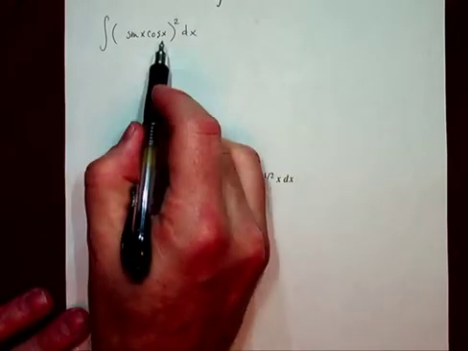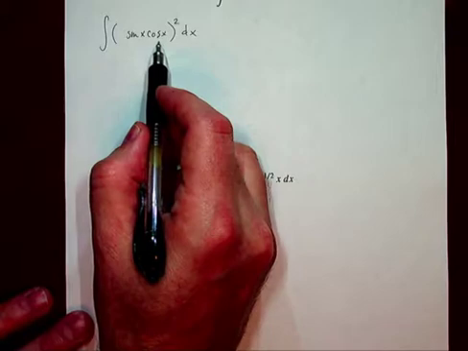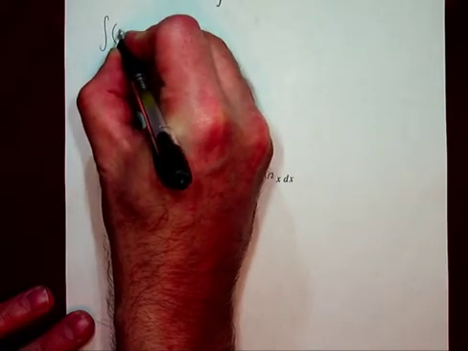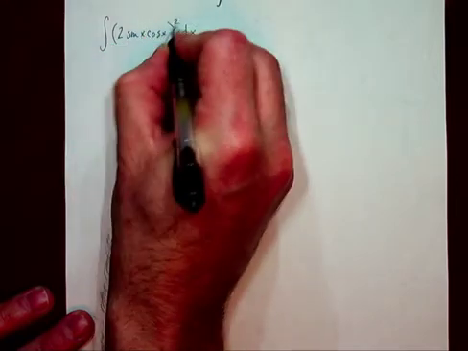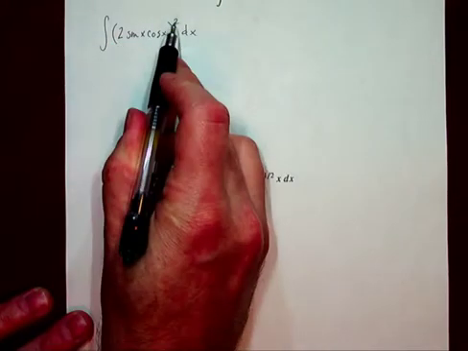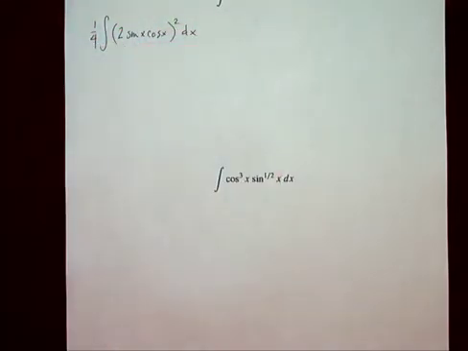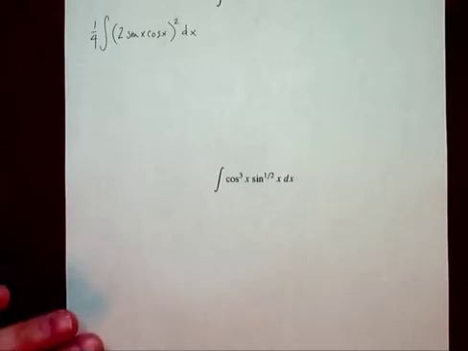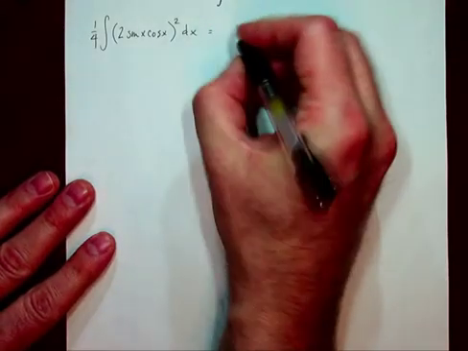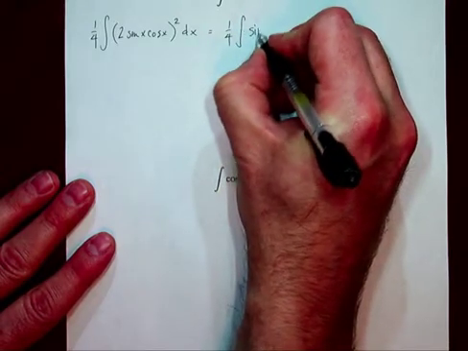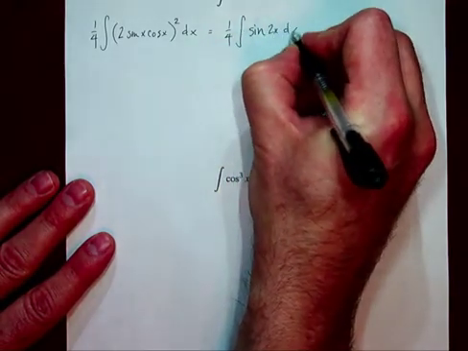Now this has the beginnings of a double angle identity, and therefore you can just go ahead and put in 2x. Now that is not a 2, that's actually a 4, so to compensate I'm going to put the 1/4 out here. Now the moment that I've done that, I'm going to have 1/4 the integral of sine squared 2x dx.